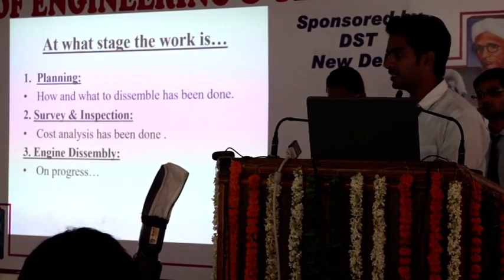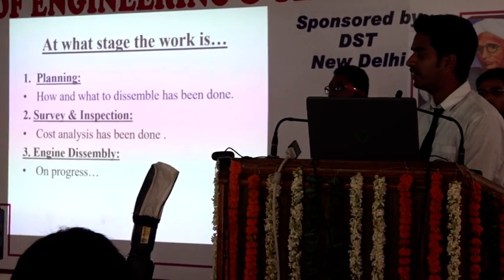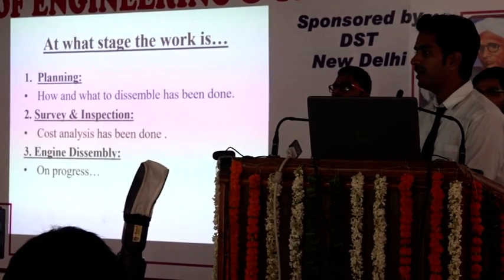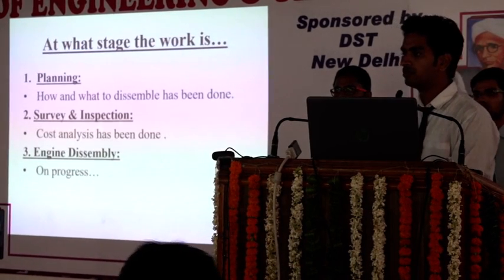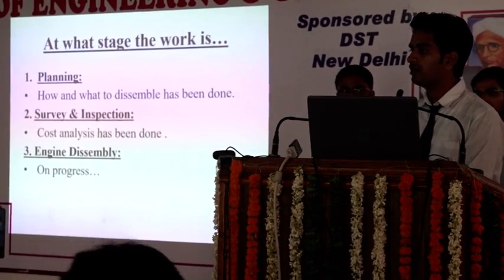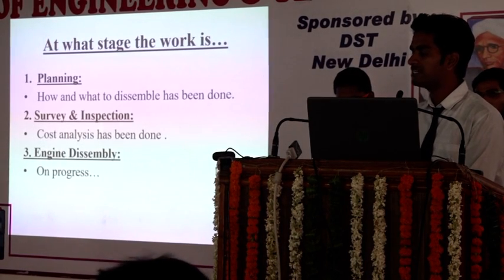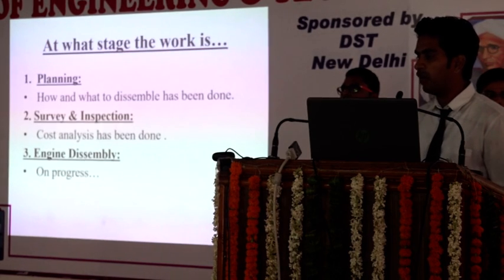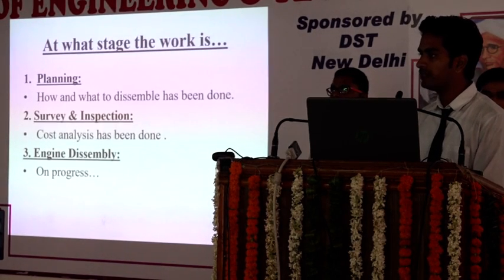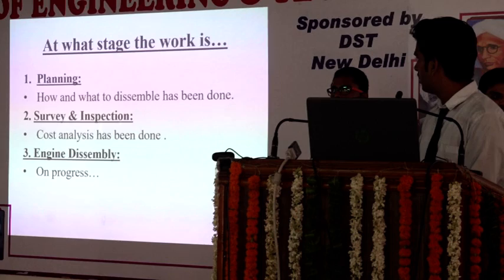This is our stage of progress of work. First of all, I have done planning. In the planning section, we decided to disassemble the engine from the chassis, and we decided how to control the vibration and many more things.